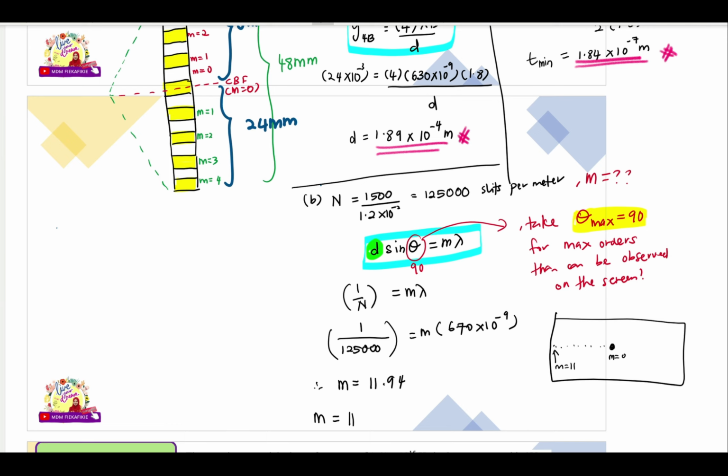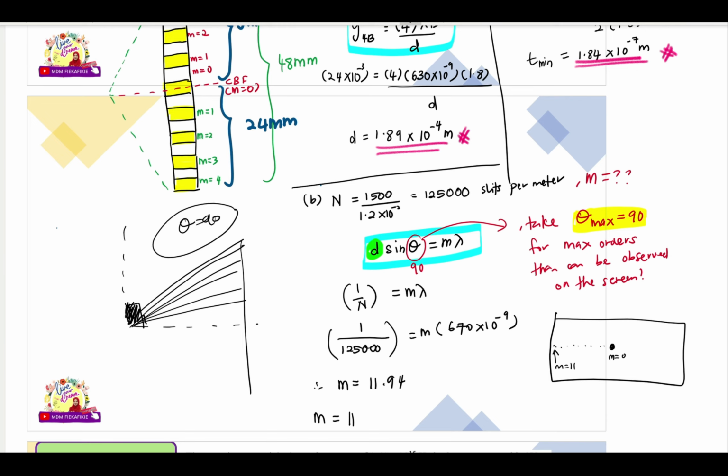Okay, so kita tahu limit untuk angle paling maksimum tu kan daripada screen ni, screen kan dia macam ni kan, order yang paling maksimum tu mestilah kita consider theta is equal to 90 lah. Tak logik lah 90 dah macam ini pula 90 degree. Okay, 90 degree.